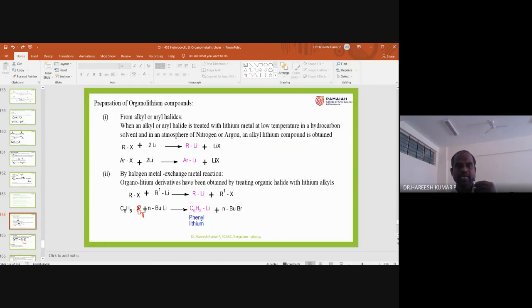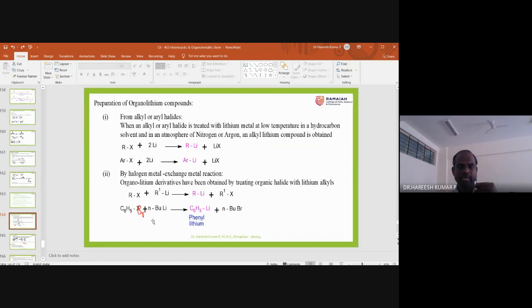So what is happening here? You can observe that this is an alkyl halide and this is an alkyl lithium. The lithium will form a bond with the R group of the alkyl halide, and the halide will form a bond with the R group of the lithium. It's called exchange. That is how in this method also organolithiums are the products.